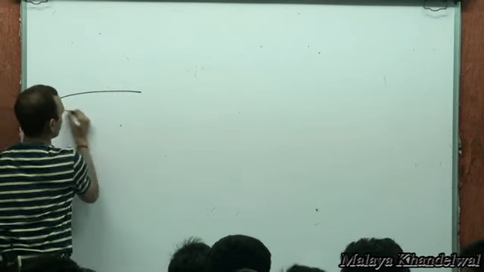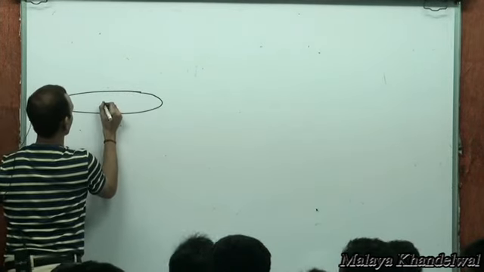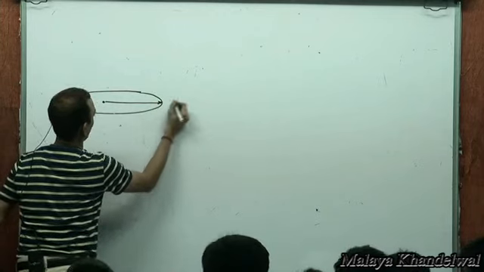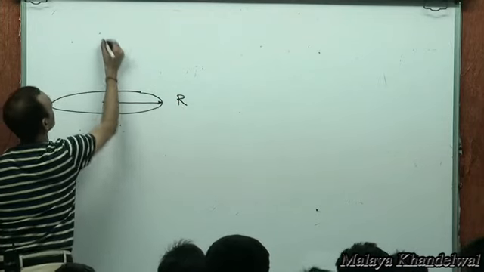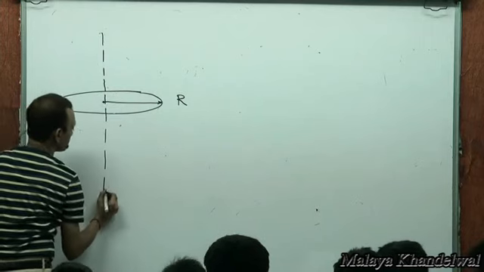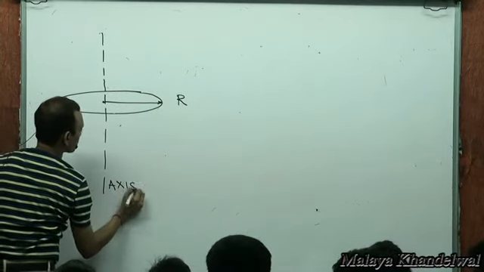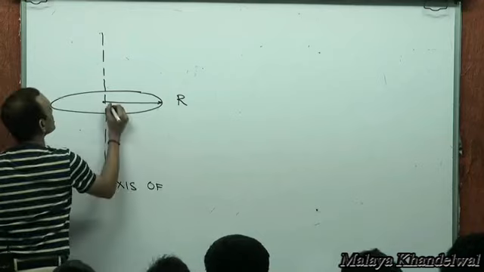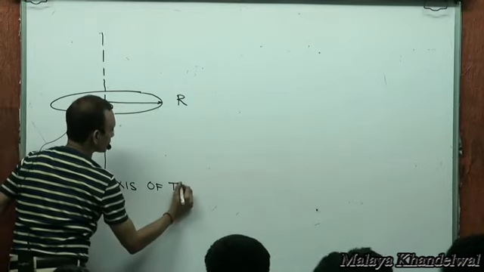So this is a circular ring of radius capital R. This is the axis of the ring. This is the center O of the ring.